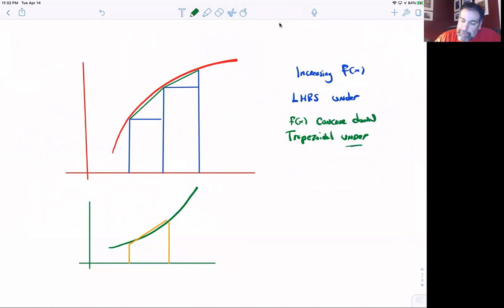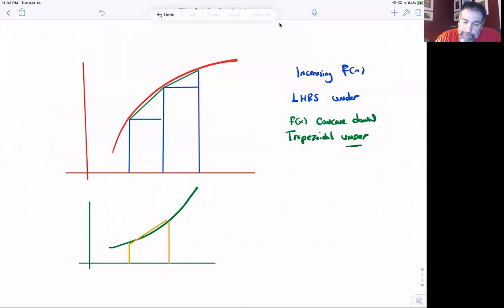That will make the trapezoidal rule an under approximation. So in our example, we were given that we had an increasing function and a concave down function, so our trapezoidal rule is going to be an under approximation. But take a look at the picture and notice this as well. It's an under approximation, but it is greater than our left-hand approximation. So now we know our left-hand is less than our trapezoidal.